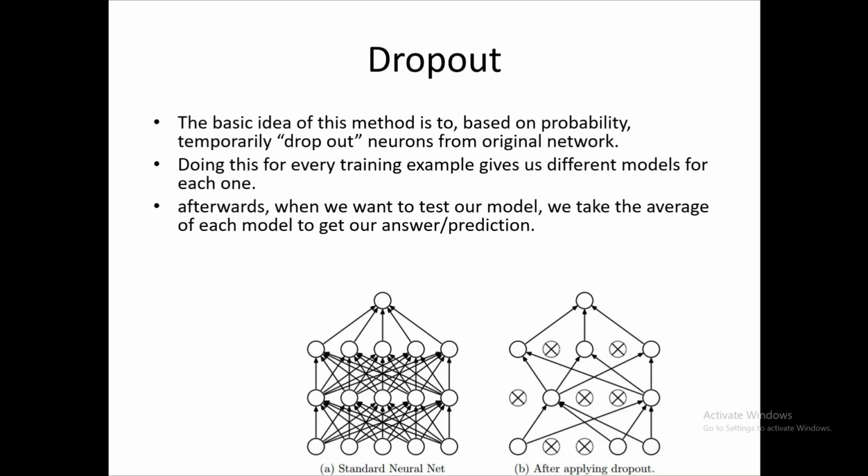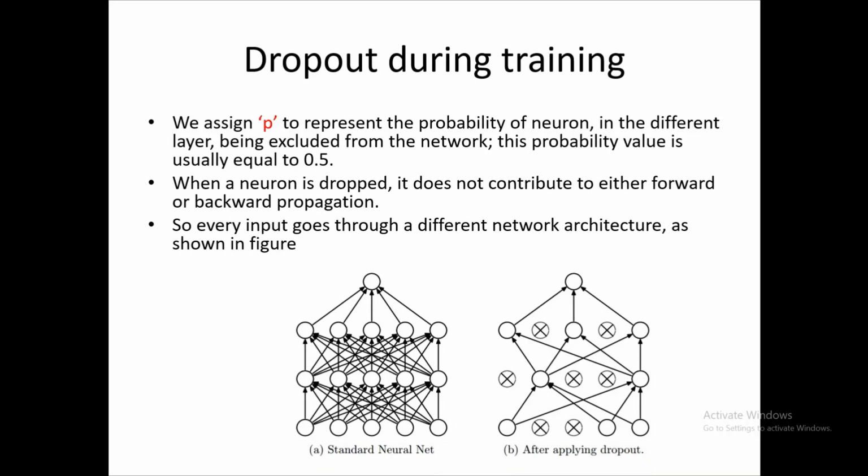But in dropout, we drop some of the neurons, or we deactivate the neurons, and doing this for every training example gives us a different model for each one. Afterwards, when we want to test our model, we take the average of each model to get our answer or prediction.